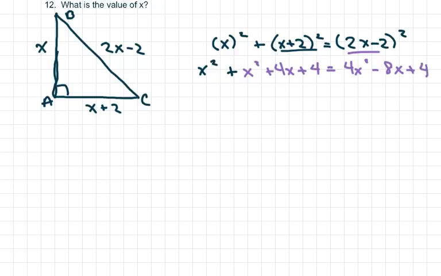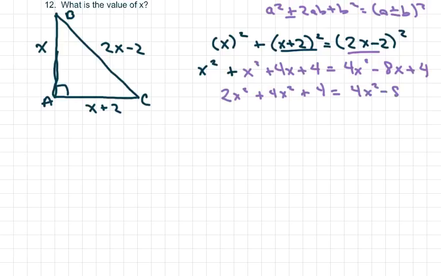I'm just using my a squared plus or minus 2ab plus b squared formula when you have a plus or minus b squared. Alright, and you clean all this up, you're going to get 2x squared plus 4x plus 4 equals 4x squared minus 8x plus 4.